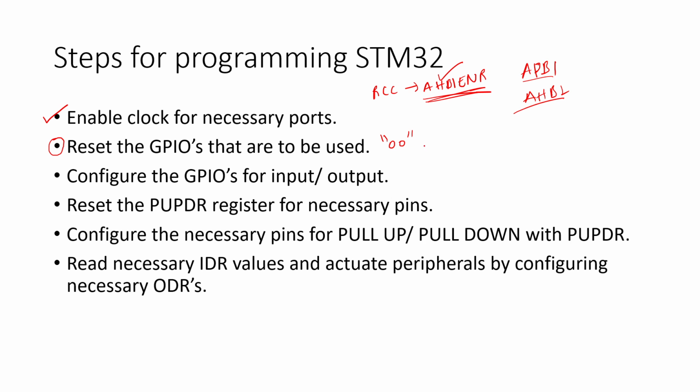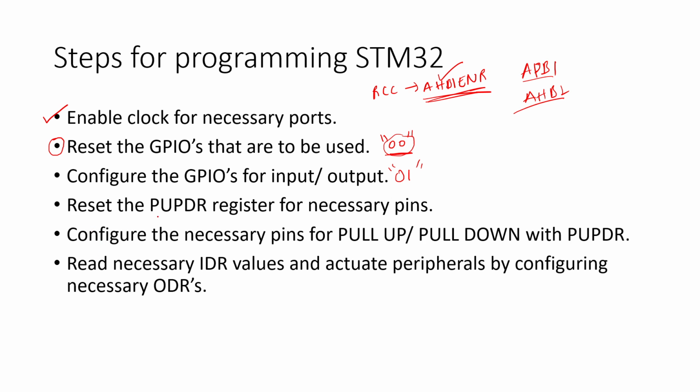Once you reset the MODER register of that particular GPIO pin to 00, then you can configure the GPIO for input or output. If you want to configure it as output, you make an OR with 01, or if you want to configure it as input, you keep it in the reset state itself.